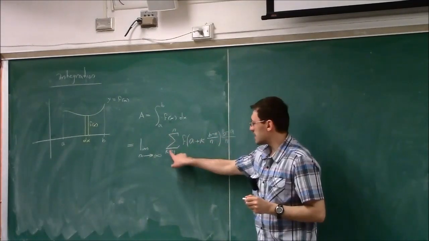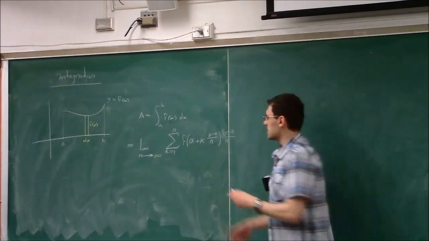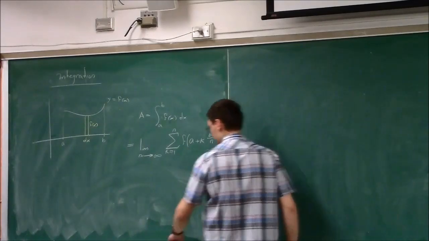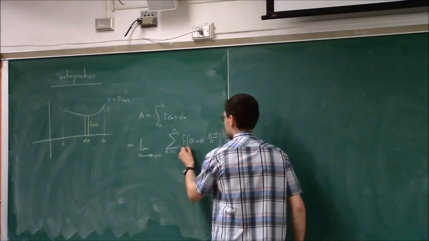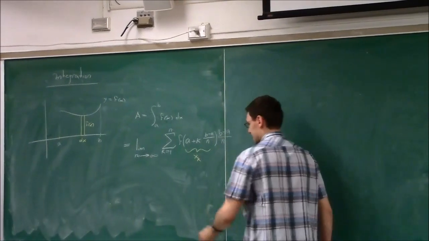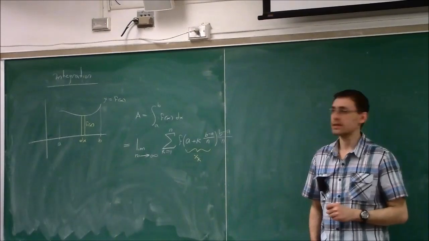Now, the sum stands for the sum over all the rectangles. This tells us how to find the point. This point is x sub k.